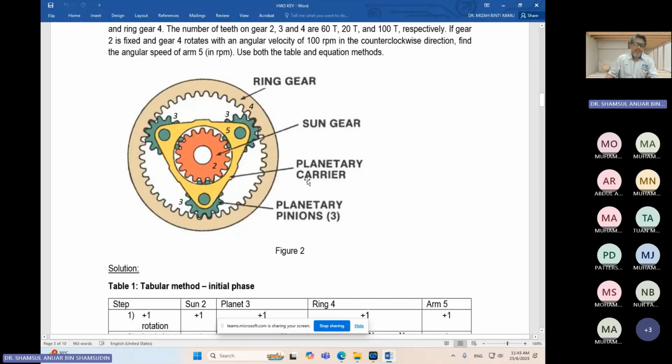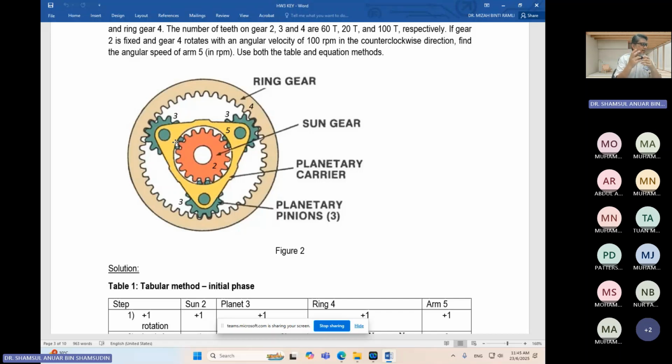Okay, so planetary gear involves the basic structure where you have the sun gear in the middle, and then planets. The planets can be at least one, or 2, 3, 4. The more you have, the more you can relate to load sharing, stress distribution.